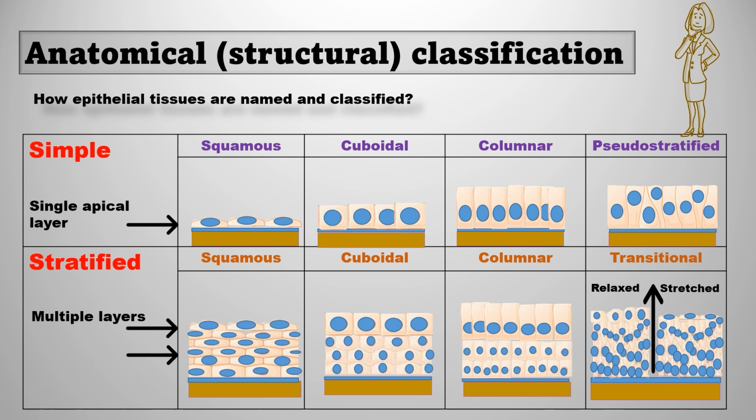The big categories: when we have one single layer, we are going to name it simple. When we have more than one layer, like this one, we are going to name it stratified. More than one layer means more than one, so two layers is stratified, three layers is stratified, and so on.